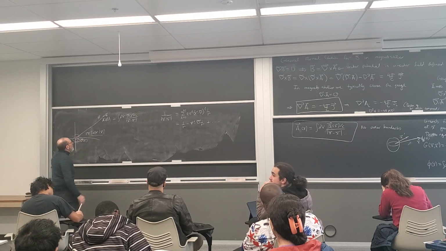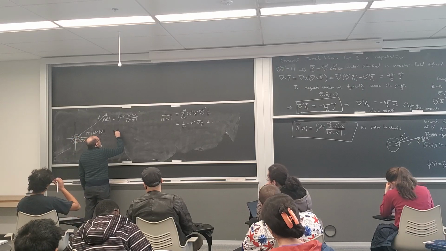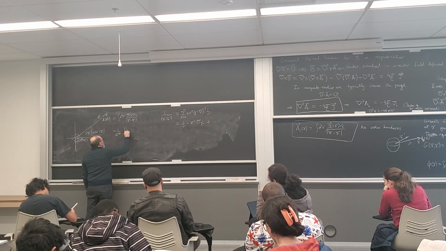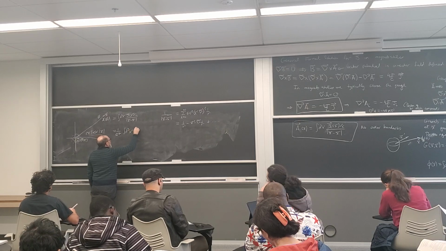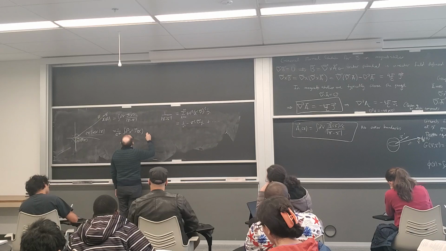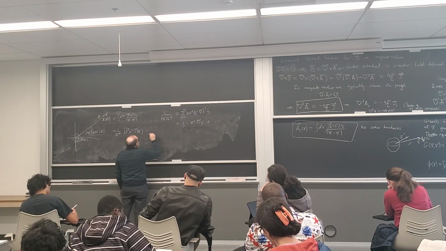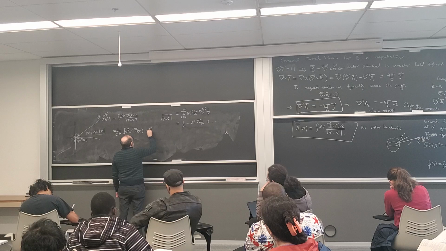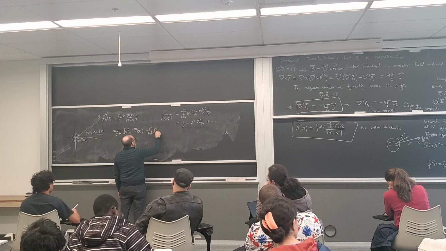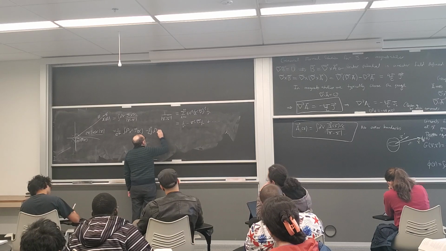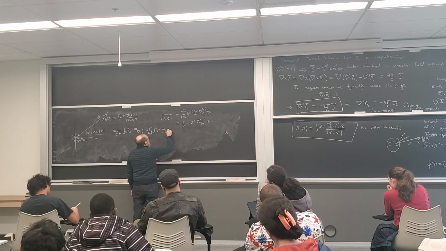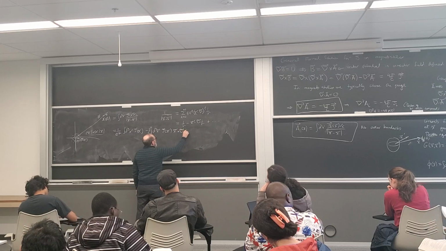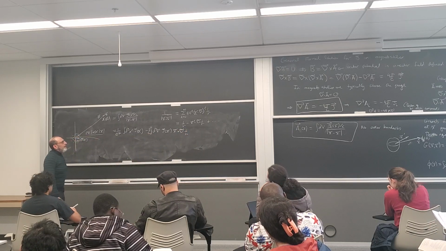Okay, so what we get is that this is equal to 1 over c times 1 over r, the integral over x prime of the current, and then I have minus the integral, 1 over c, d cubed x prime, j of x prime times x prime dotted into the gradient of 1 over r, plus dot, dot, dot.